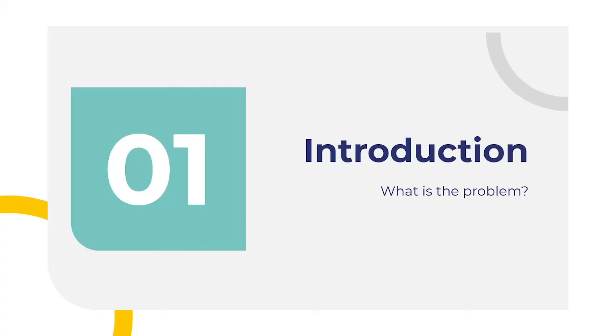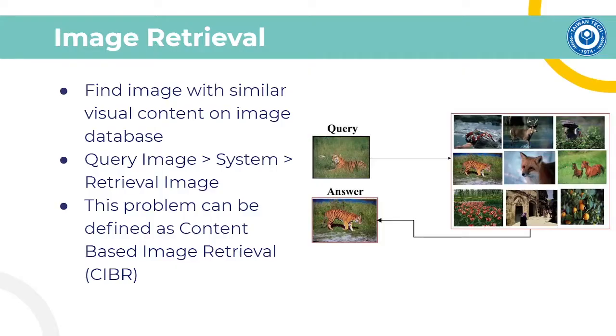For the first part, I will present what problem this paper wants to solve and the background of that problem. The problem this paper wants to solve is image retrieval.